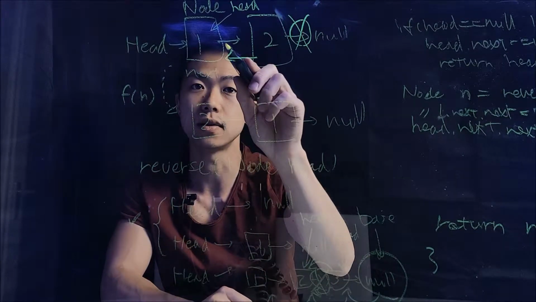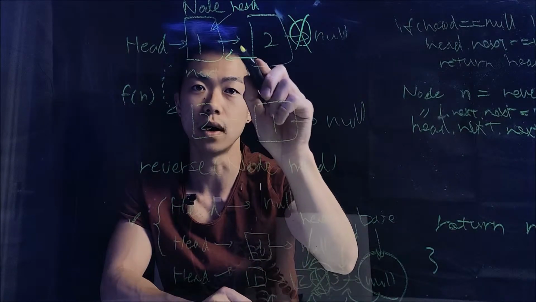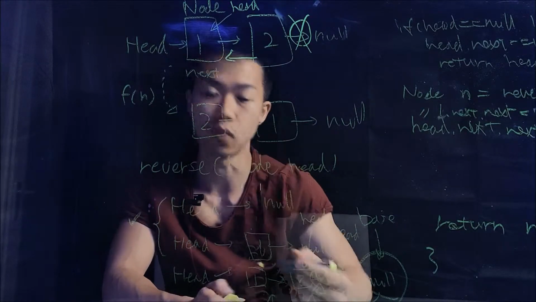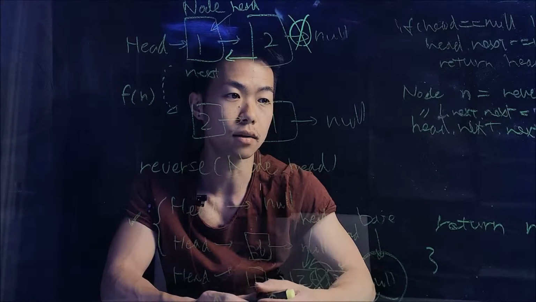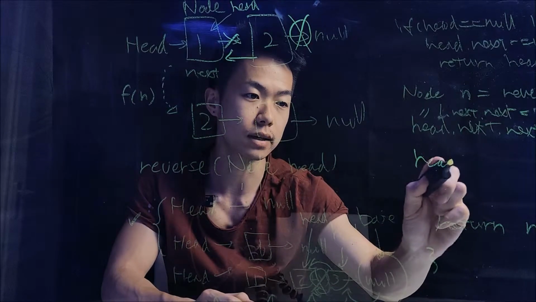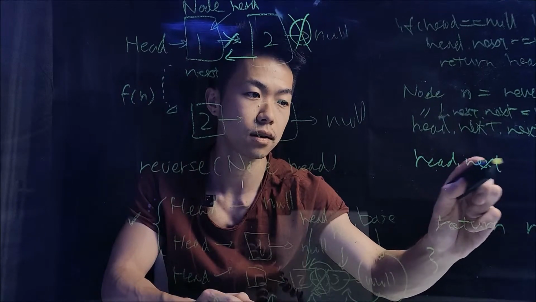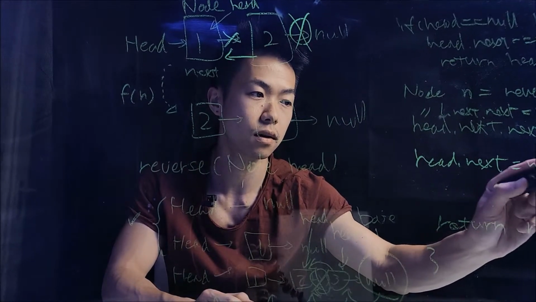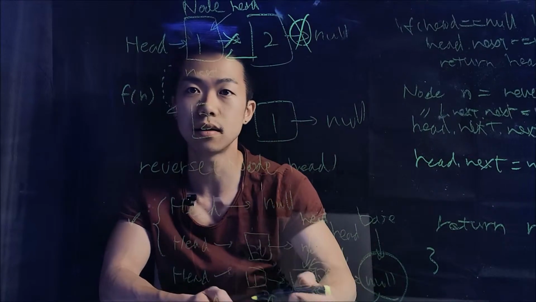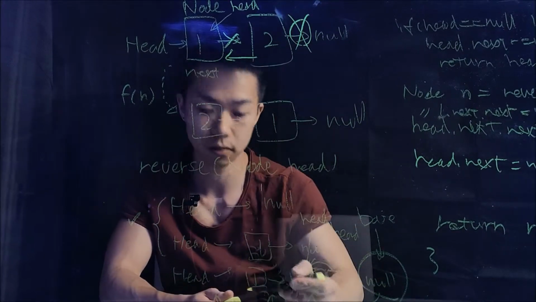What you want to do is to have this one, head's next, point back to the previous one as well. Or set this to null actually. So what we want to do is head.next is null. And so we just cut it here and then set it to null.